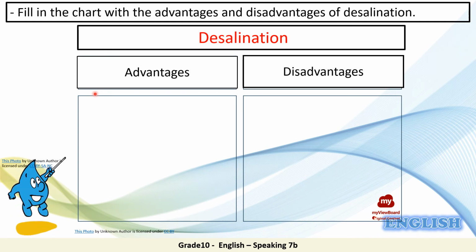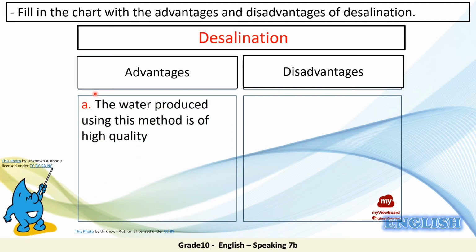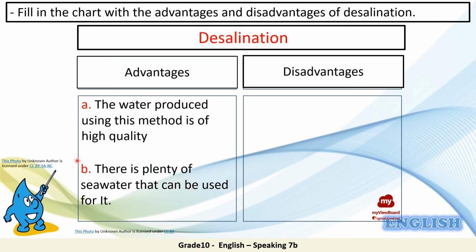Let's correct. And let's start with the first advantage of this method used to face water shortage. The first advantage is the water produced using this method is of high quality. And advantage number 2, there is plenty of seawater that can be used for it. Especially here in a country like Qatar, we have waters surrounding us and they can be used in this method.